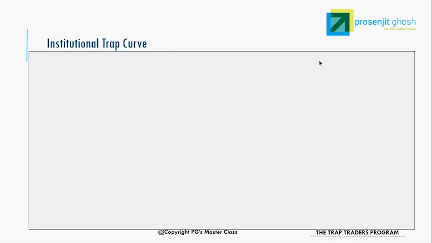Let us take this as our drawing board, this rectangle, and try to understand what institutional trap curve is.